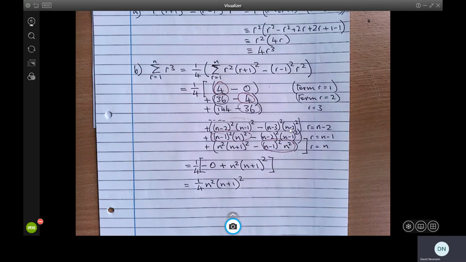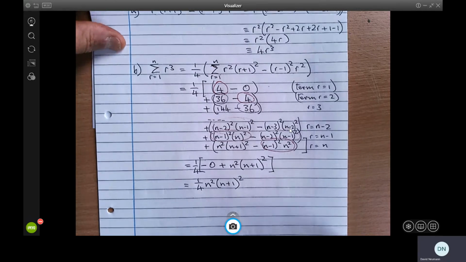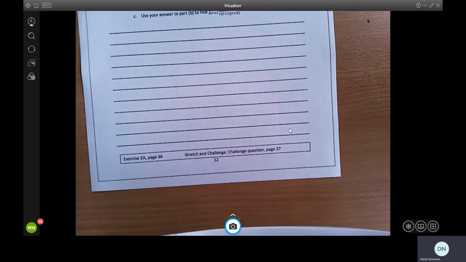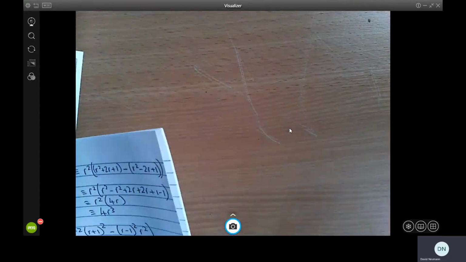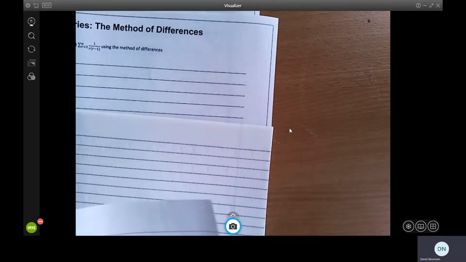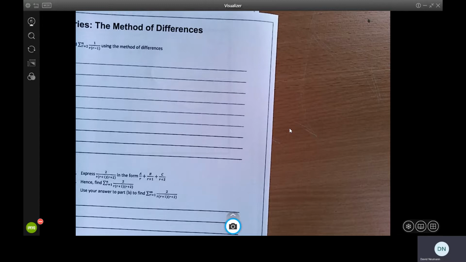Let's go on to the second question here, which is over the page. Again, I'm going to do this on file paper so that I've got enough space to make my working hopefully clear.